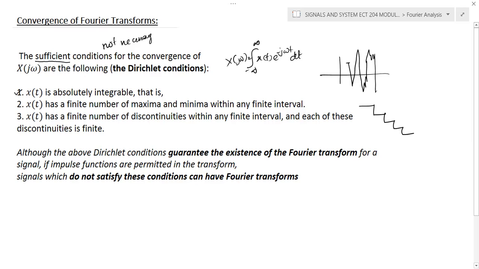And we will do such kinds of problems. Anyway, the Dirichlet condition is very important. In most cases, we will evaluate the first statement, whether x of t is absolutely integrable or not. If the signal is converging, then definitely it's absolutely integrable.